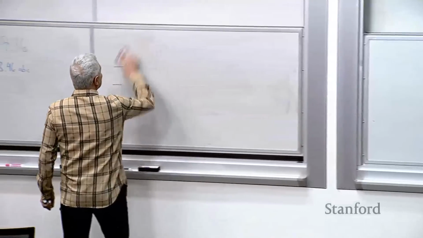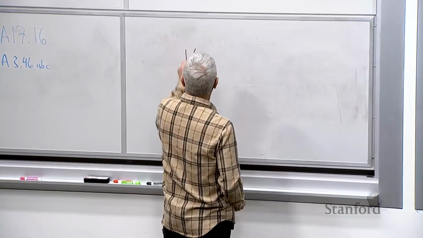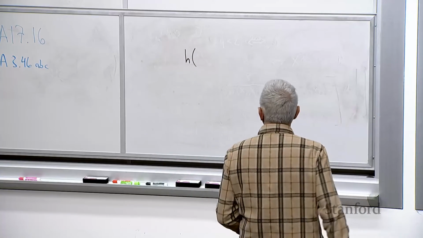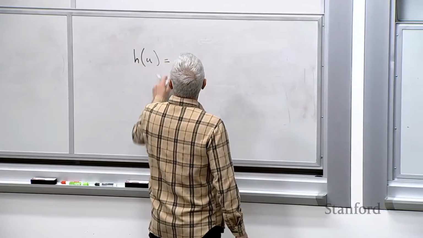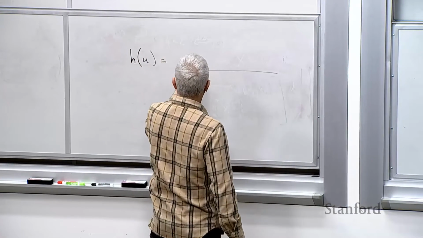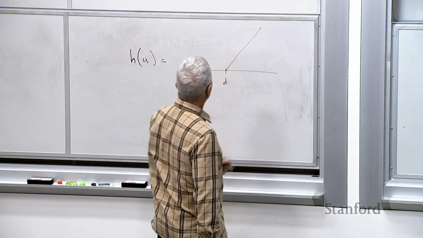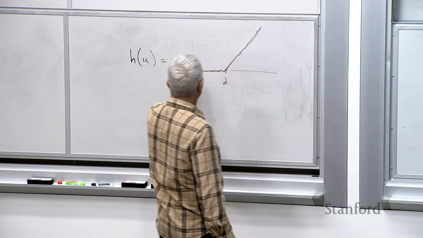What would you imagine if I used the following function? Did I write it as h of u? I did. Okay, so h of u is going to be, I'll just draw it if you don't mind, 0, some distance d, and then that. So suppose it's dead zone linear, like that.